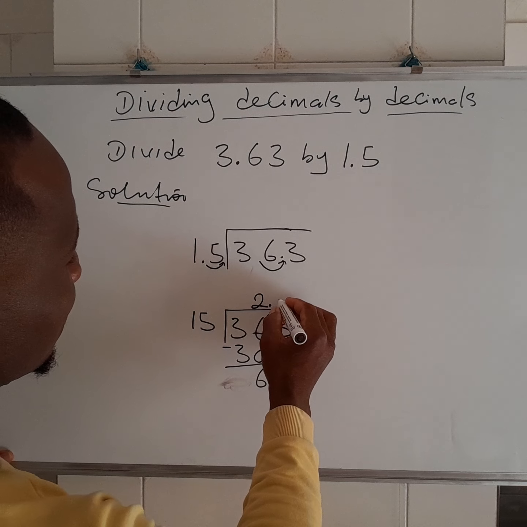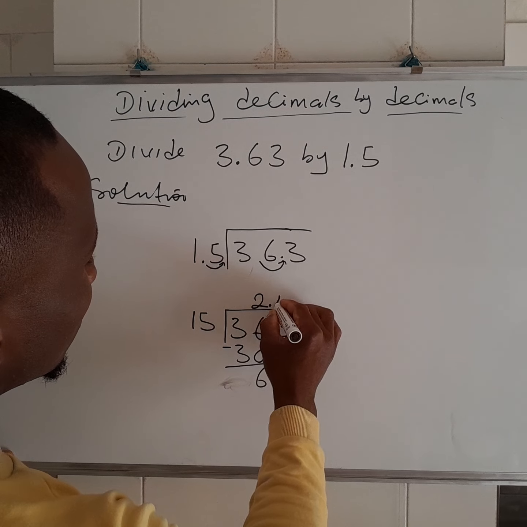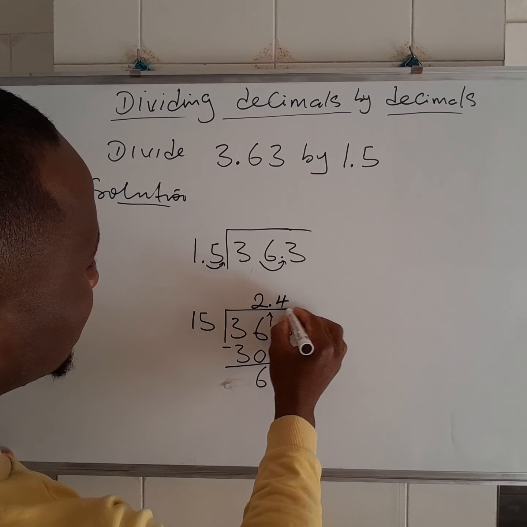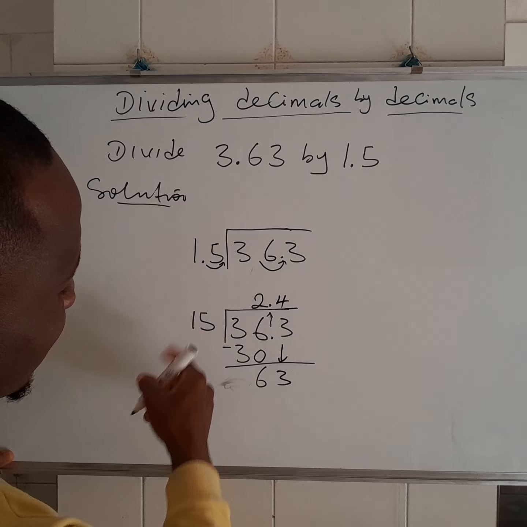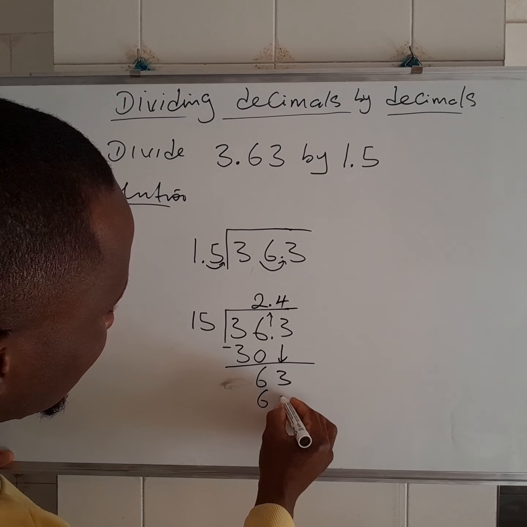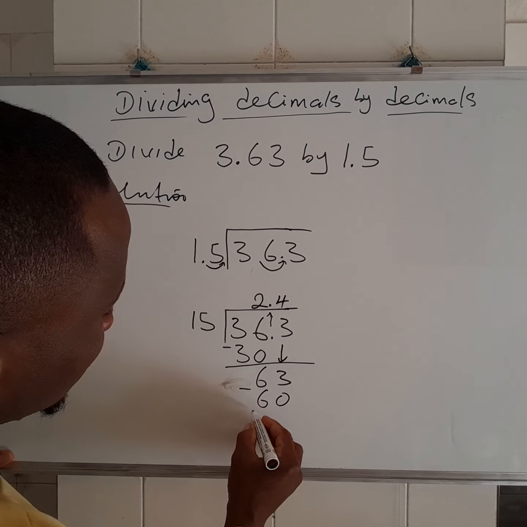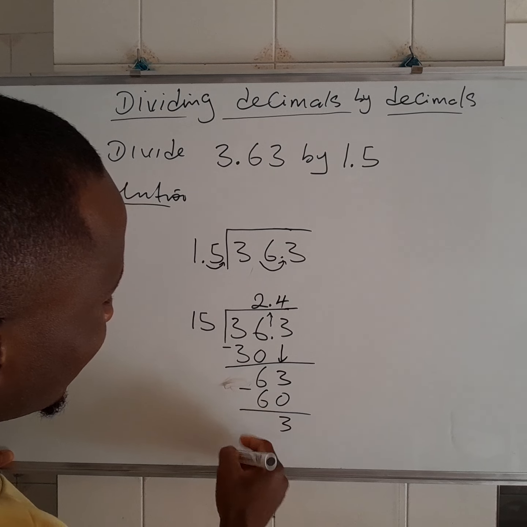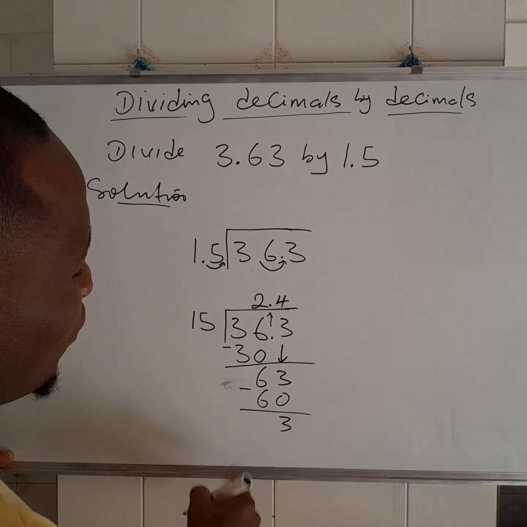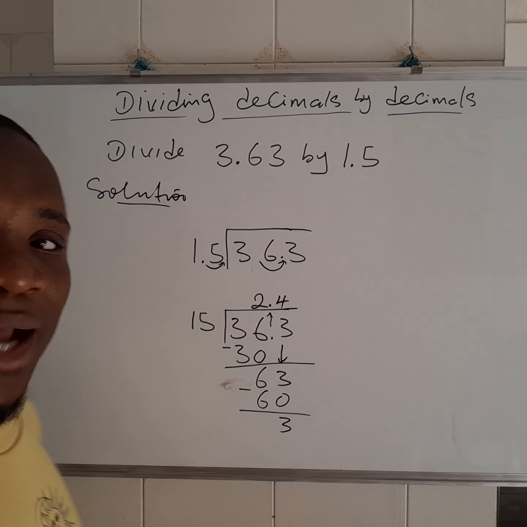We have 4 times, okay? So this 4 times 15 will give you what? 60, okay? Then you subtract. When you subtract, you have 3, then this is 0. We don't need to write it, all right?